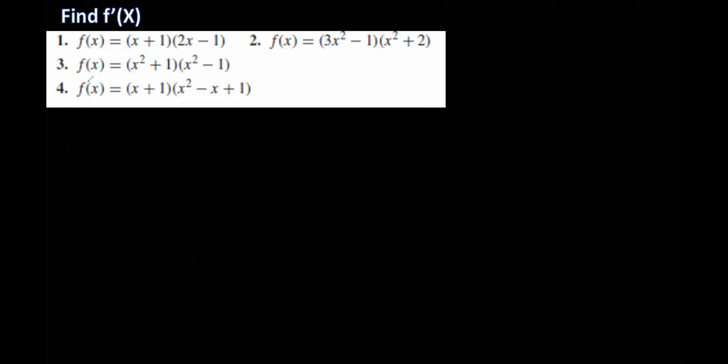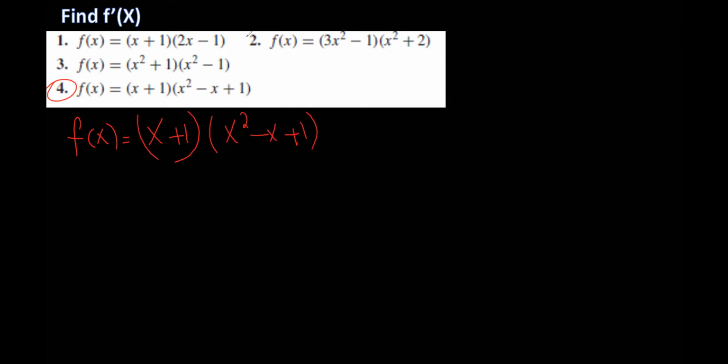Let's now find number 3. Or number 4. Keep it 4 now. In number 4 here now, f of x is x plus 1 times x squared minus x plus 1.